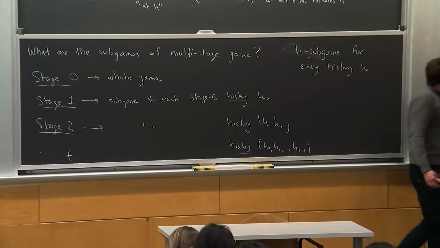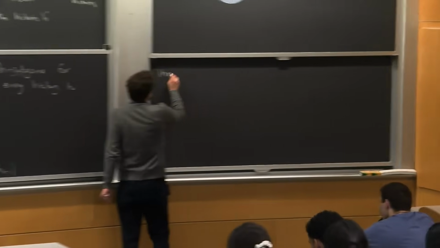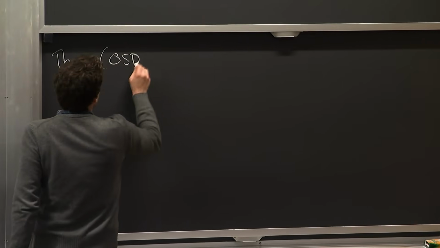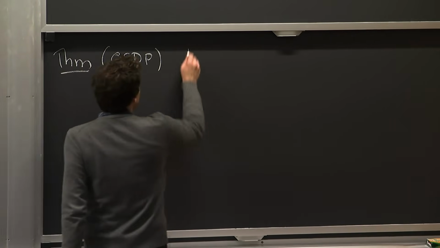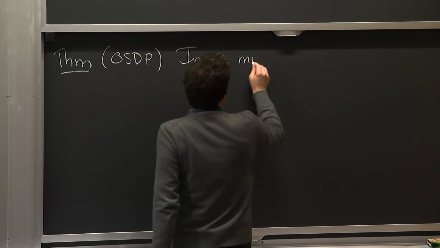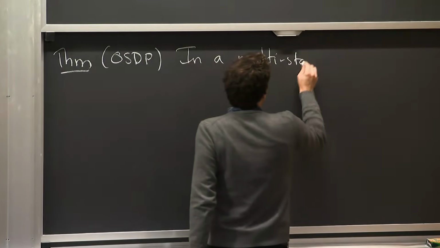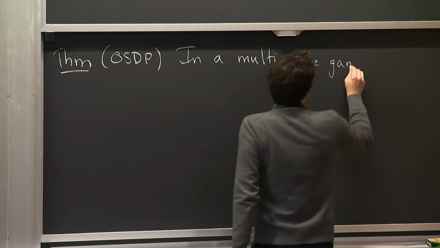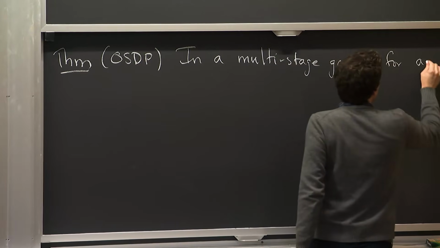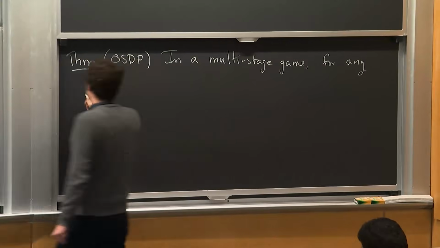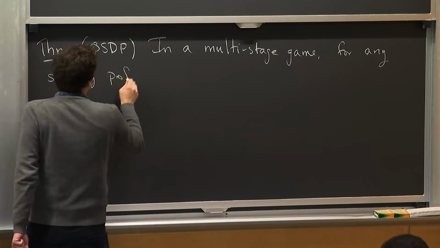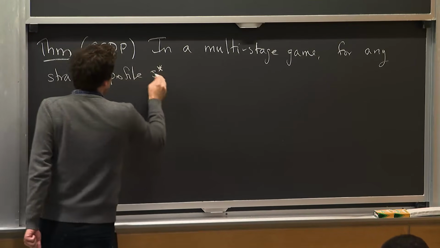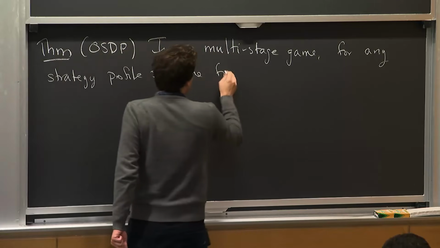OK. So now that we've stated that, we can give our theorem on the one-shot deviation principle. Let's consider a multi-stage game. For any strategy profile S star, the following are equivalent.